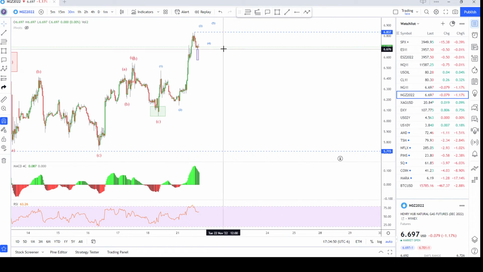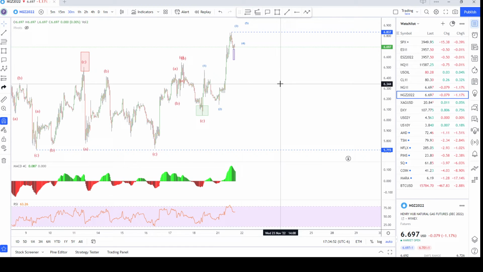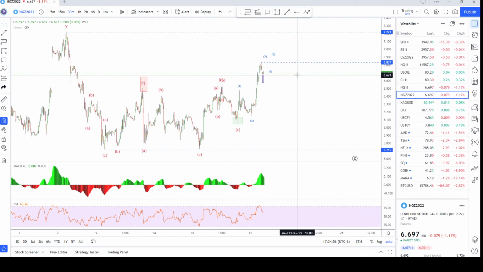So near term, definite more upside to come. No divergence, everything looks very bullish. And then when we get to the 7.22 region, then that's when, if you're long, you gotta start to keep an eye on price movement.